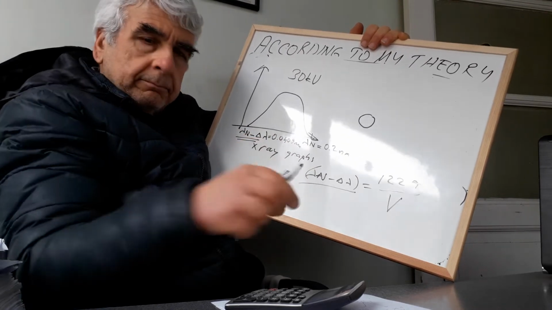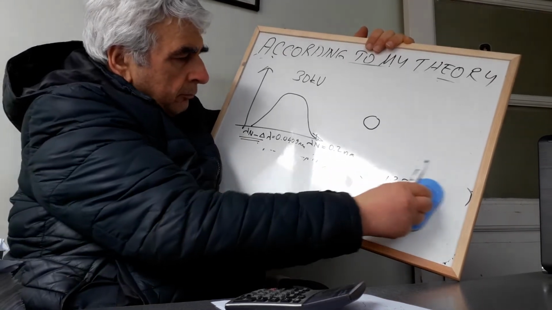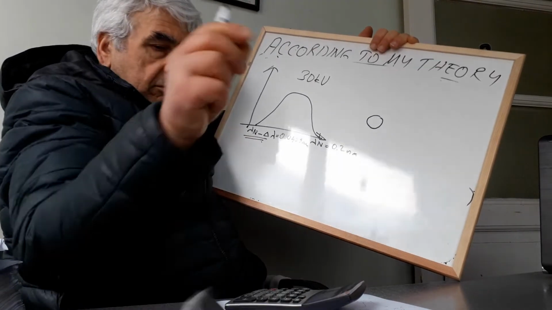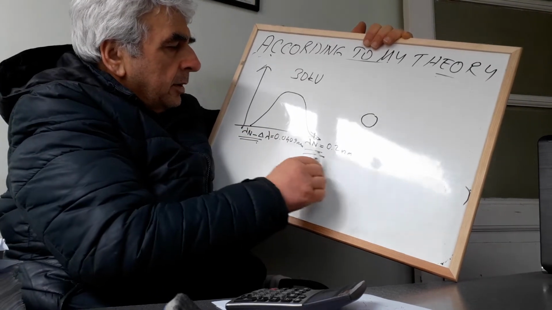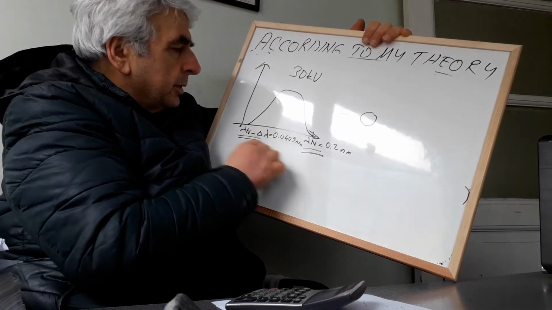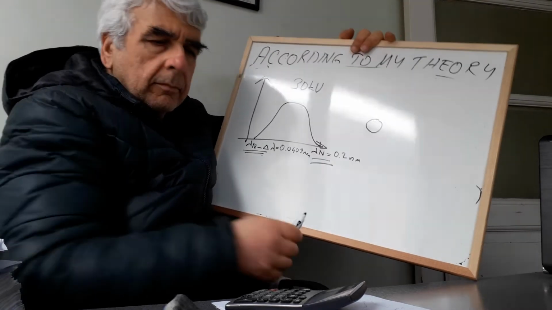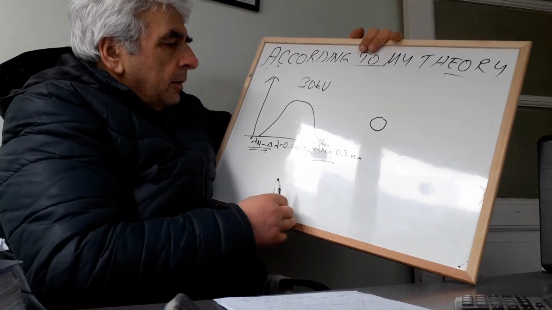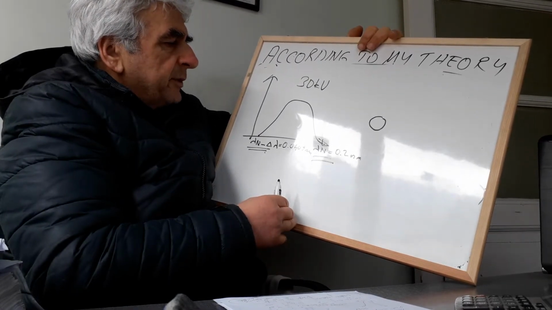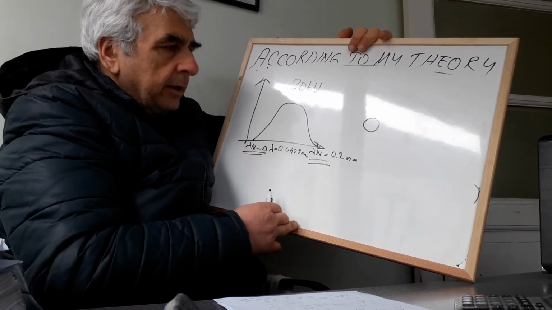Okay. We know these two quantities. What does this graph represent now?